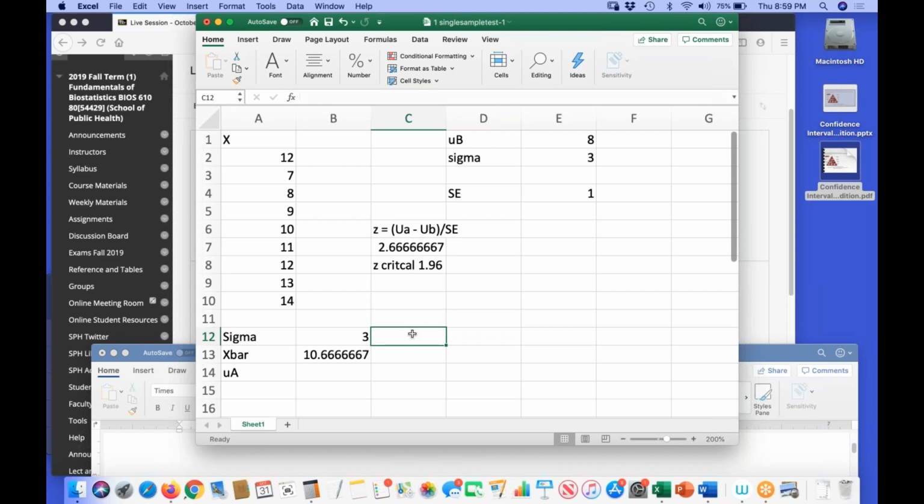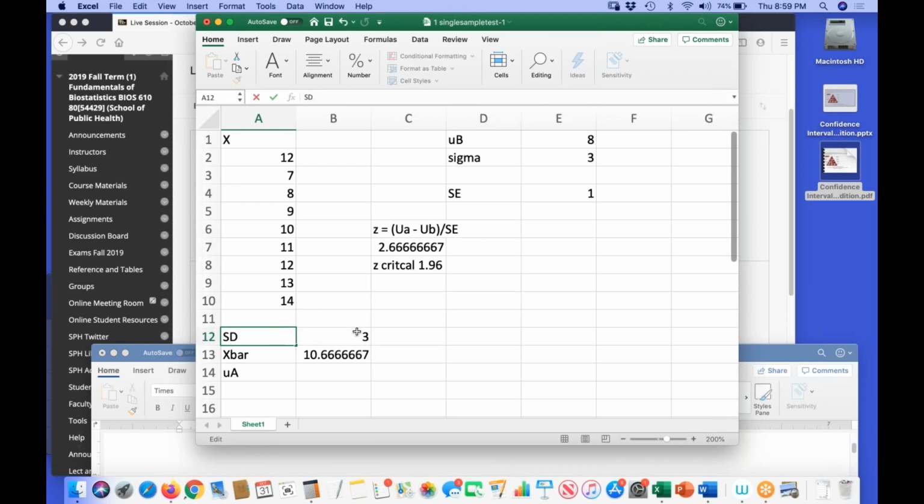Okay, so let's go back now and take a look at how would we have solved this if we didn't know what sigma for the population would be. Well, in that case, gee, I have no choice. Instead of sigma, I've got to use the standard deviation, right? What's the standard deviation?